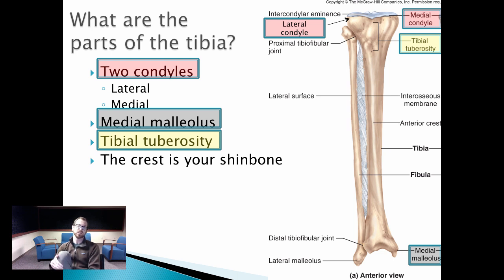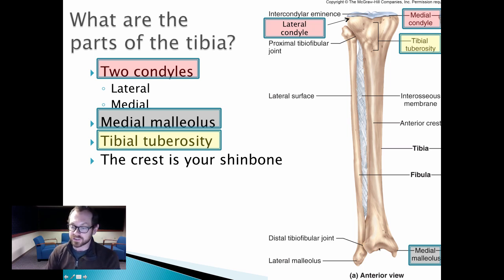This is going to be an attachment point for a muscle in your thigh. And so it'll be important when we get to muscles. But for this lab, it's going to tell us that this is the anterior side of the bone. So now we know proximal, we know distal, we know anterior versus posterior. So we need to determine medial versus lateral.